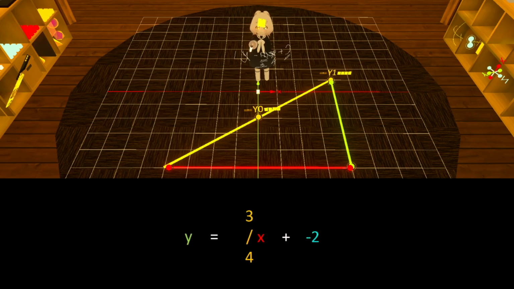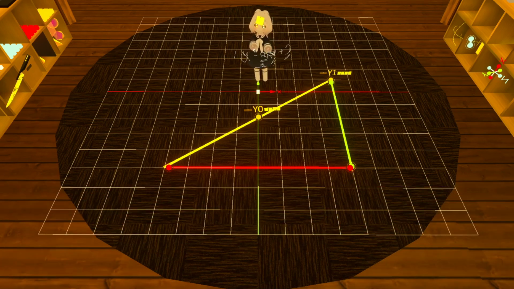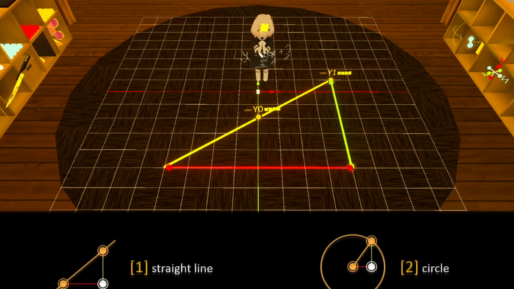So the formula of the straight line will be y equals 3/4 x minus 2. So that's the straight line that we're looking at, and that's the straight line that we want to describe. So yeah, next time if you want to describe a straight line, make sure you know the 2 points, and then you find the slope, and then you find the y-intercept, and then you should be good to go.